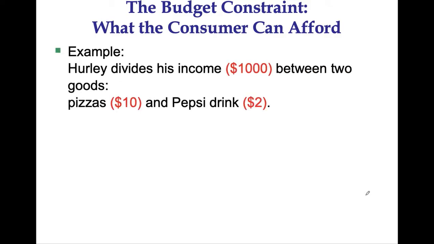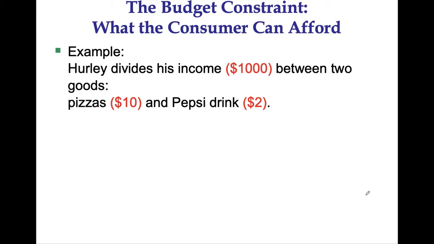So let's see this example. We have Harley, who is a consumer, who has an income of $1,000, and he is looking to divide this income between two goods.